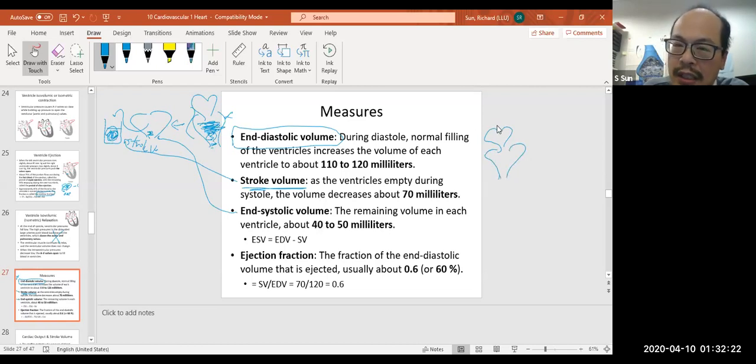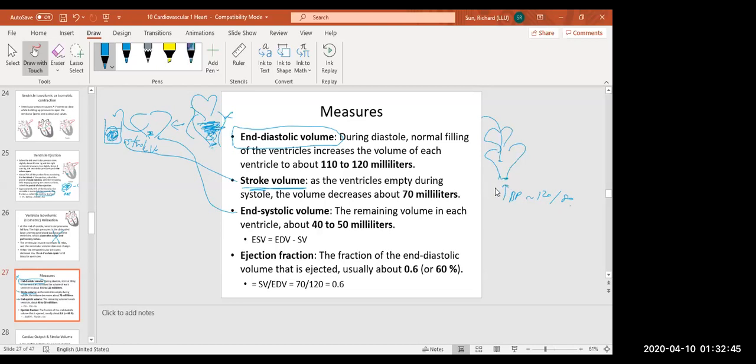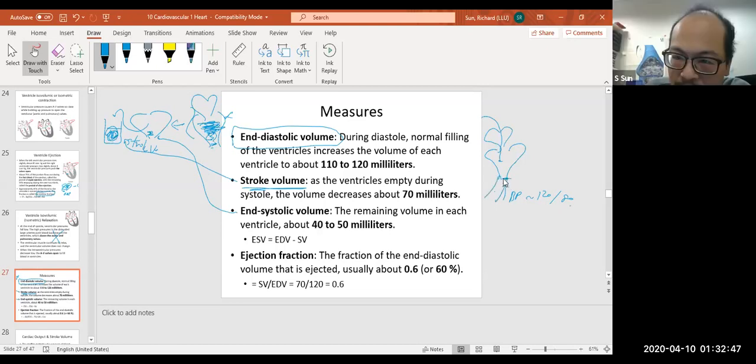During the diastole, blood goes in all the way into the ventricle, but because the outside pressure is large, BP about 120 over 80, it will close this valve.